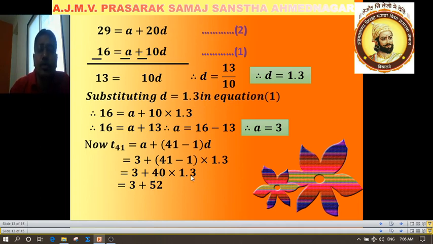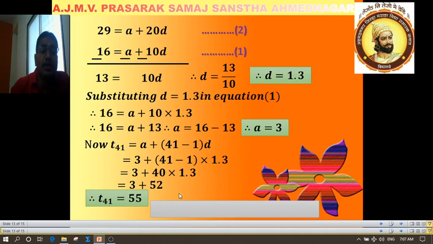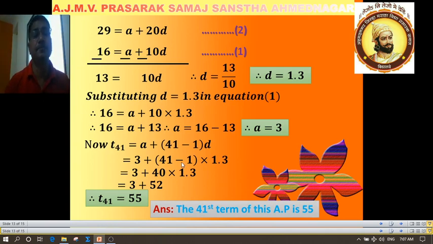That is 40 into 13, we get 520, and with 1 decimal, so 52. So we have 3 plus 52, we get 55. So T41 is equal to 55. Therefore, the 41st term of this arithmetic progression is 55.